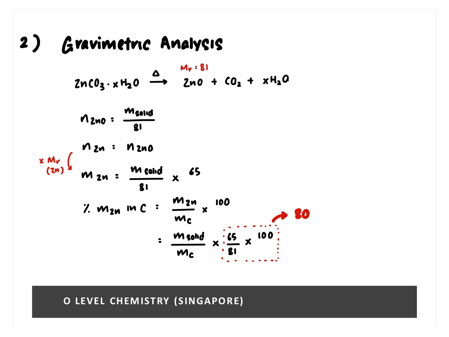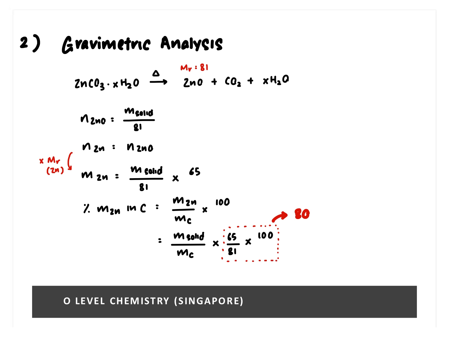So as mentioned, when you heat a metal carbonate, it's going to decompose to give you your metal oxide plus carbon dioxide. The question states that it's a hydrated metal salt, so I assume that water vapor will be given off as well.